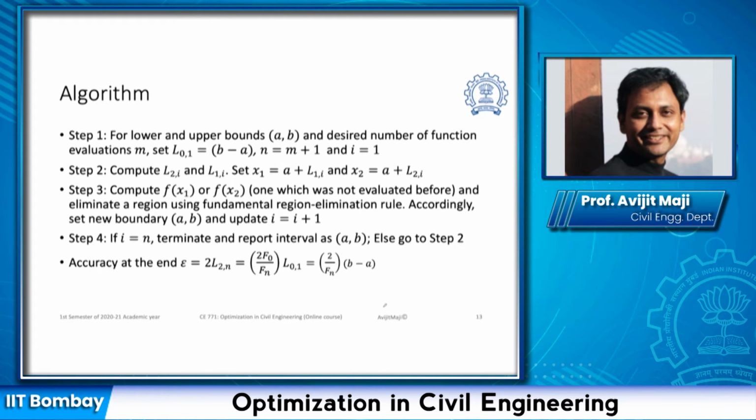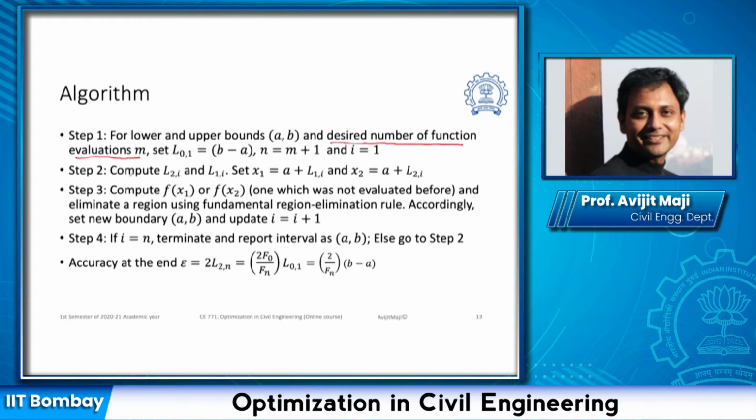Like the previous algorithm, for the lower and the upper bound, we first of all identify the desired number of functions we want to evaluate in the process. As I said, we need to know the Fibonacci number with which we want to start.